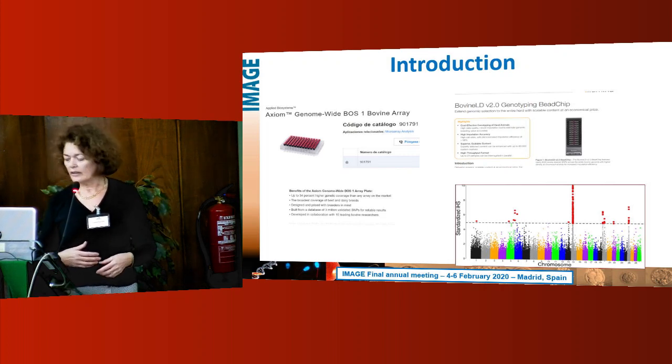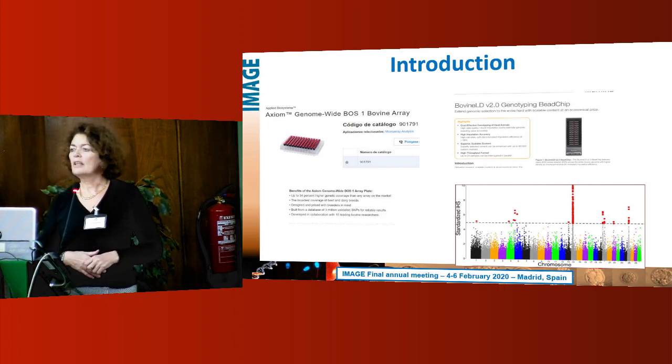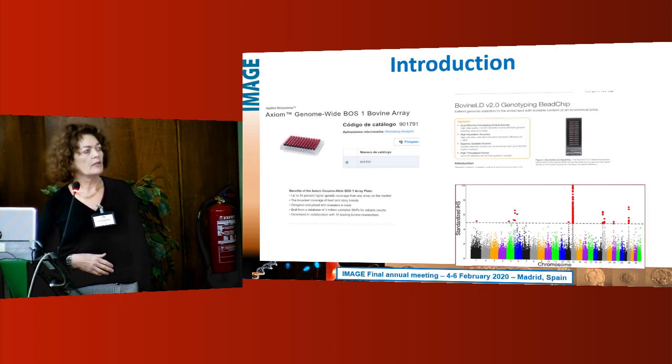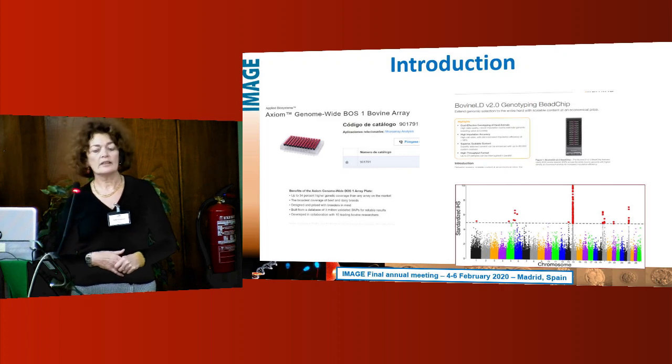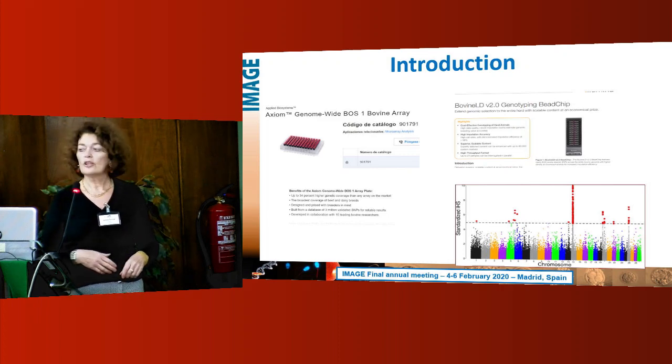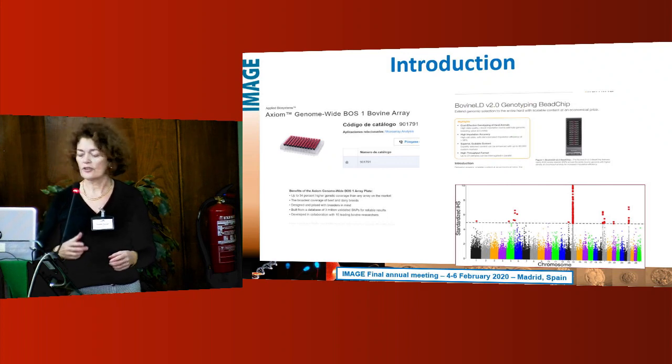We have here in the presentation Affymetrix or Illumina chips, which are really very low cost, and which allow, by genome-wide association studies, to detect the regions which have signatures of selection.